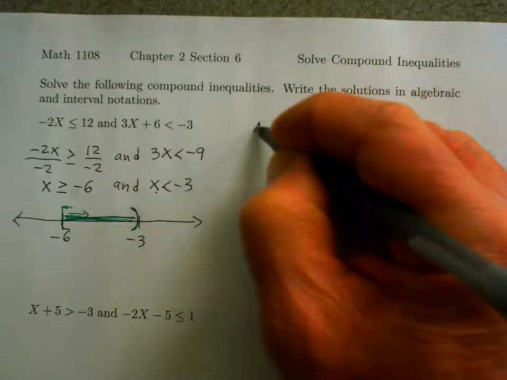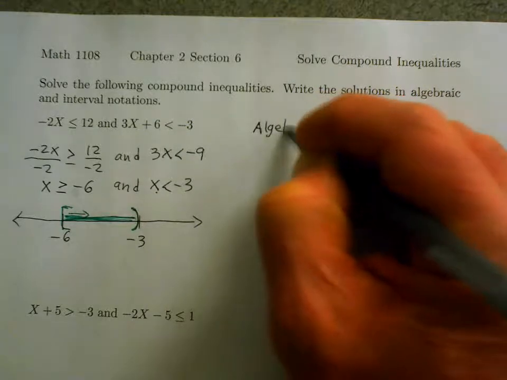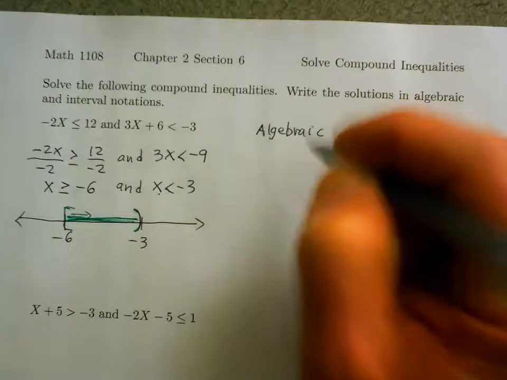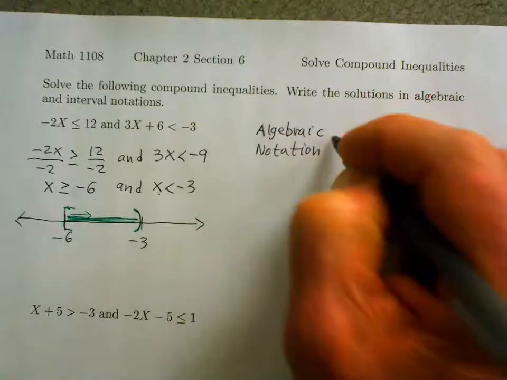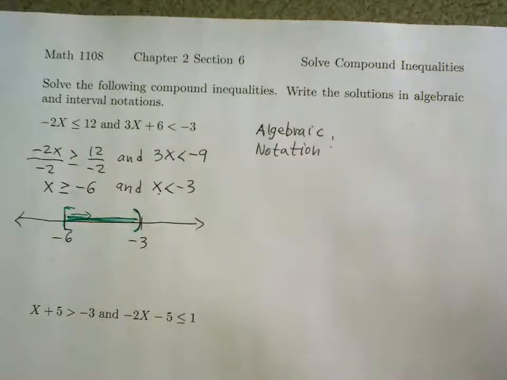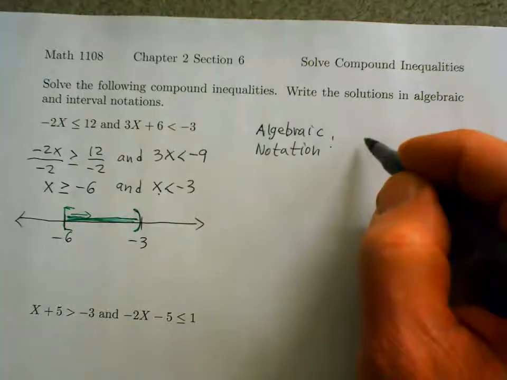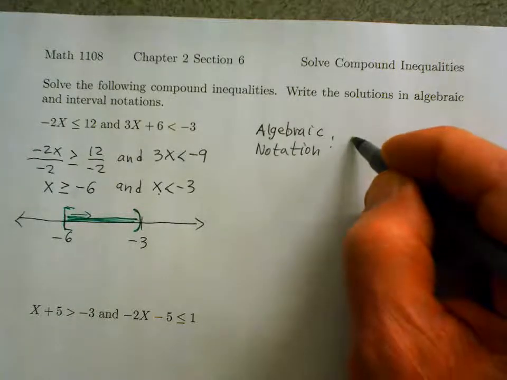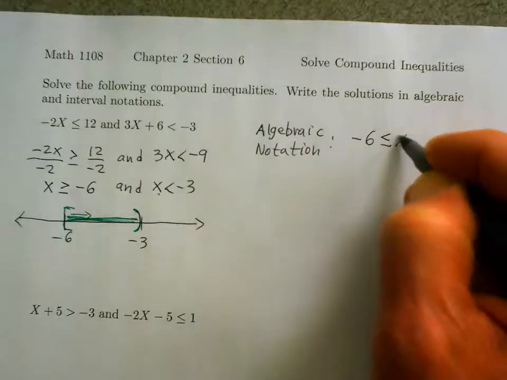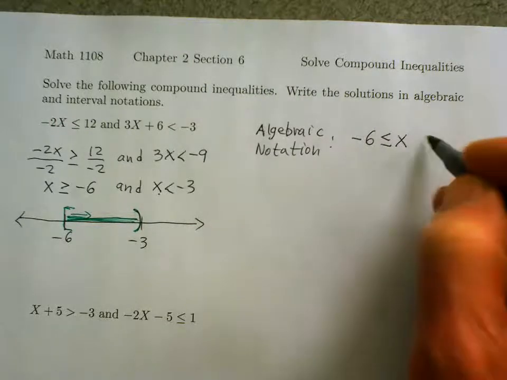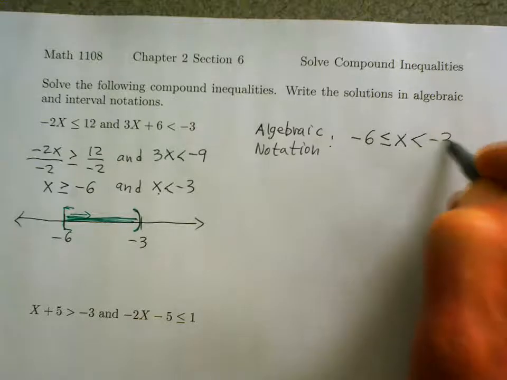Okay, so the algebraic notation: -6 is less than or equal to x, which is less than -3.